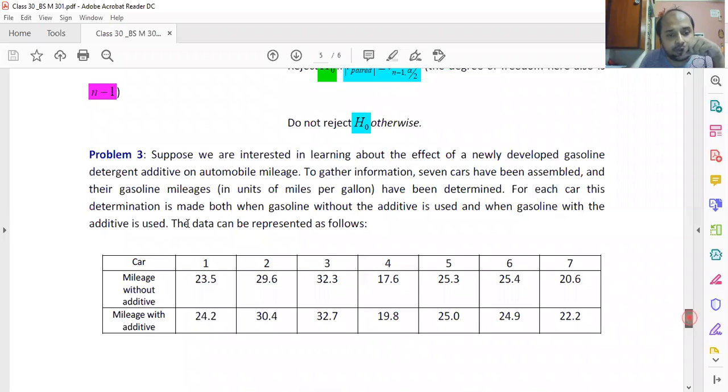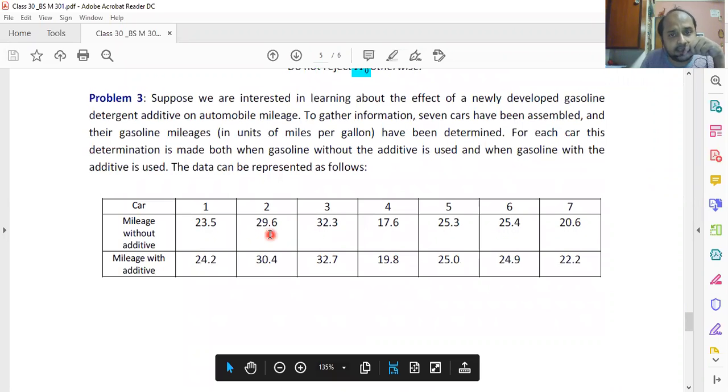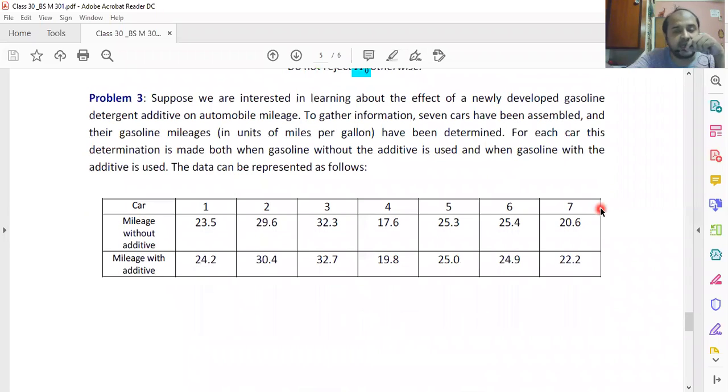Here I am going to show you quickly, as time is running out, that 7 cars are there. So 7 becomes your sample size. We are interested in the mileage of the car, and mileage increases when we apply some sort of technical additive to the car. So here I have considered 7 samples whose mileage without additive is given and whose mileage with additive is given.